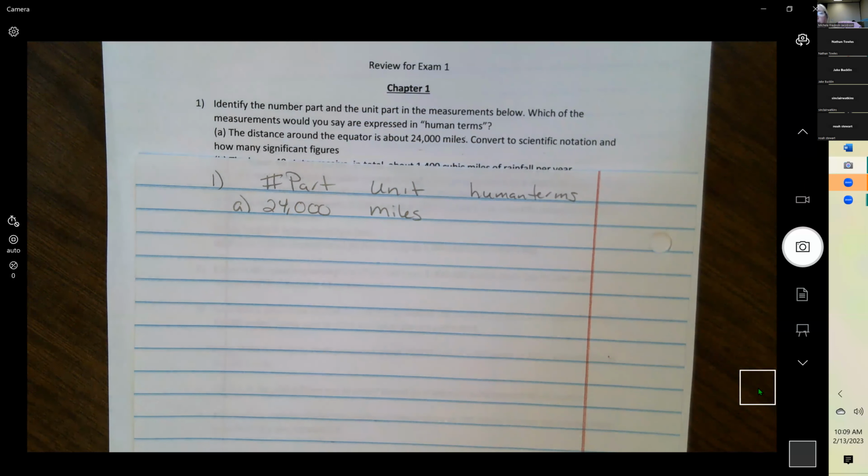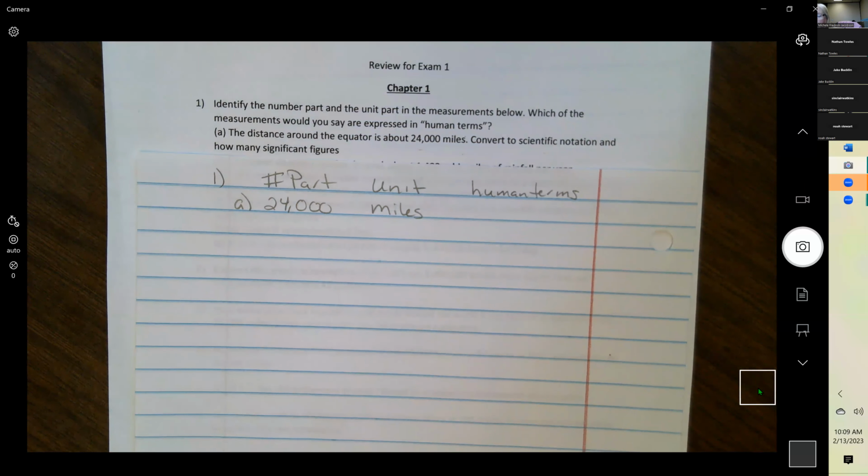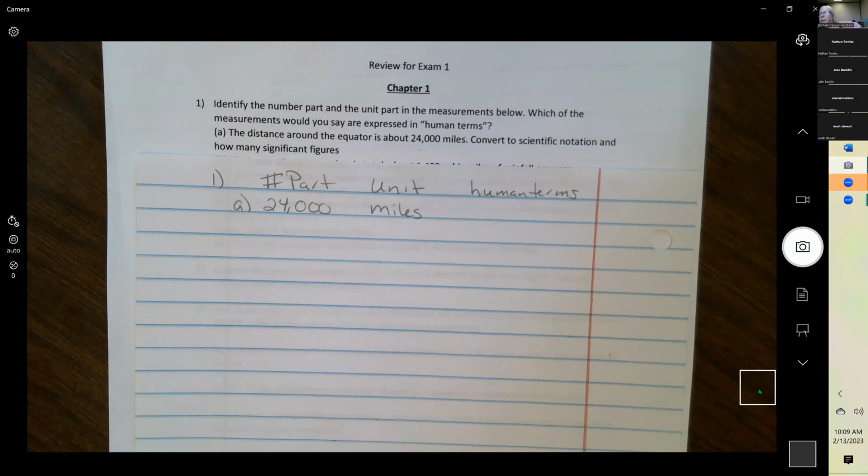Would that be in human terms? I guess that's something you could write. I don't think I put that, but human terms should be a number between 0.01 and 100 if possible. And you want to try and keep it small so it's easier to visualize.